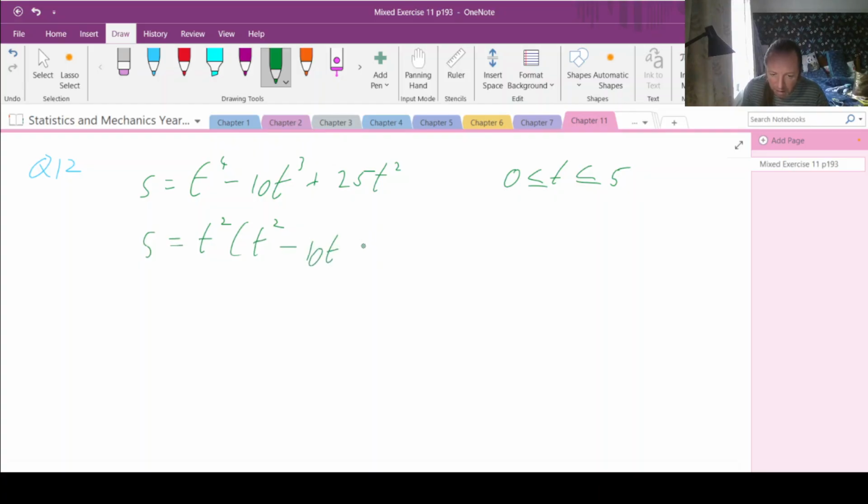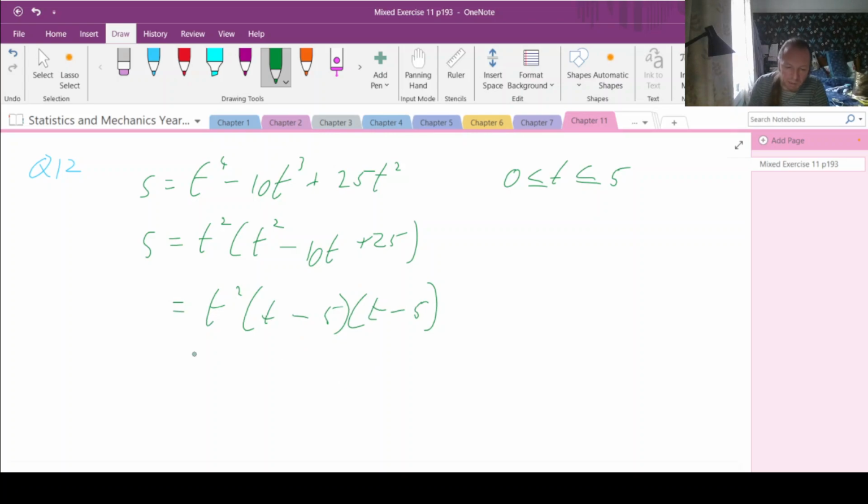10t plus 25, we can factorize that quadratic again. 5 and 5 is 25, so let's go with t minus 5, t minus 5, both minuses.